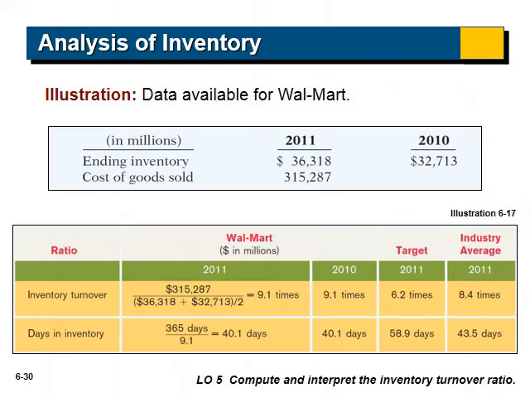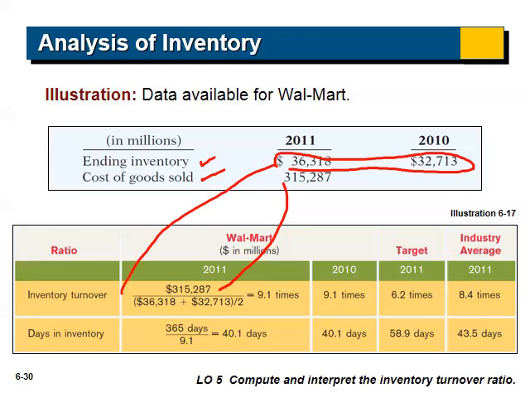Here's an example using Walmart. So here's their ending inventory and their cost of goods sold. Come up at the top here and just plug that into the formula. Cost of goods sold divided by average ending inventory. The average ending inventory, we take the beginning and the ending and then divide it by 2 to get the average.